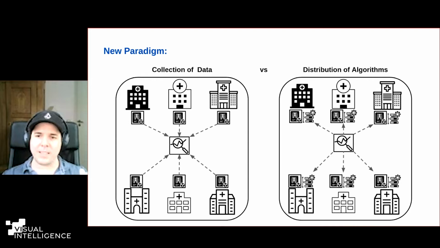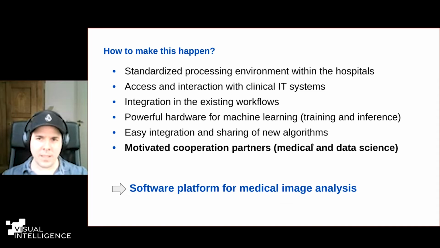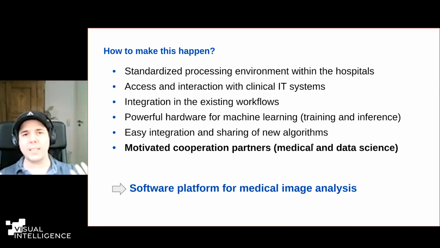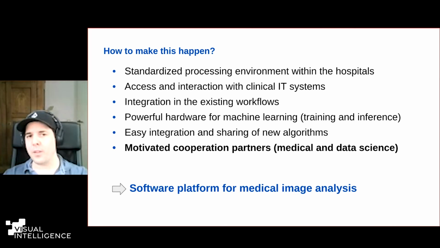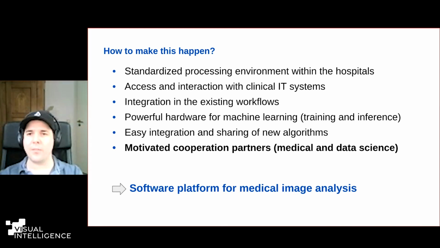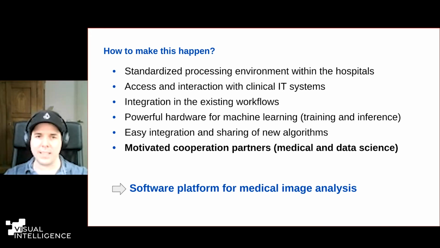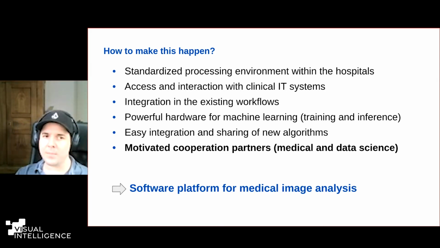What you can see here is also a small hint for the future slide. We also need to make these clinics able to actually make this possible. And that's exactly what this is about. We thought about what we need to make this happen. The first thing was we need a standardized processing environment directly within the hospitals, within the clinical IT systems. The second thing was we need access and interaction with existing clinical IT systems.